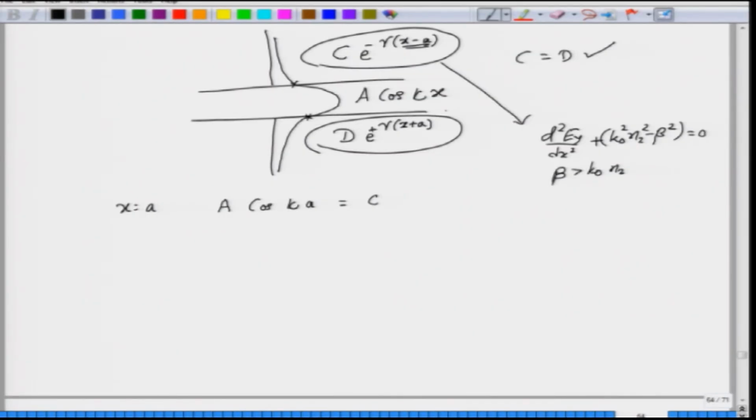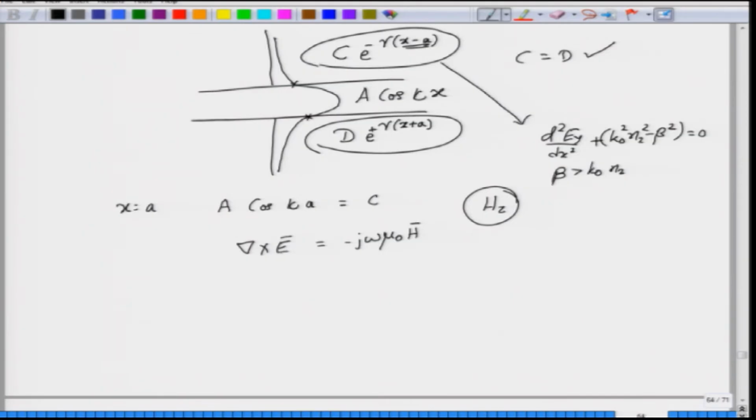At this point I do not know what a and c are, but that is fine, we will leave this expression here. Now, I will not get much by applying the boundary condition at x equal to minus a. Instead, what I want is a boundary condition on Hz, or I need a form for Hz. But how do I find Hz? Well, I know Maxwell's equation, it tells me that del cross E is equal to minus j omega mu naught times H, and I know E is along Ey.